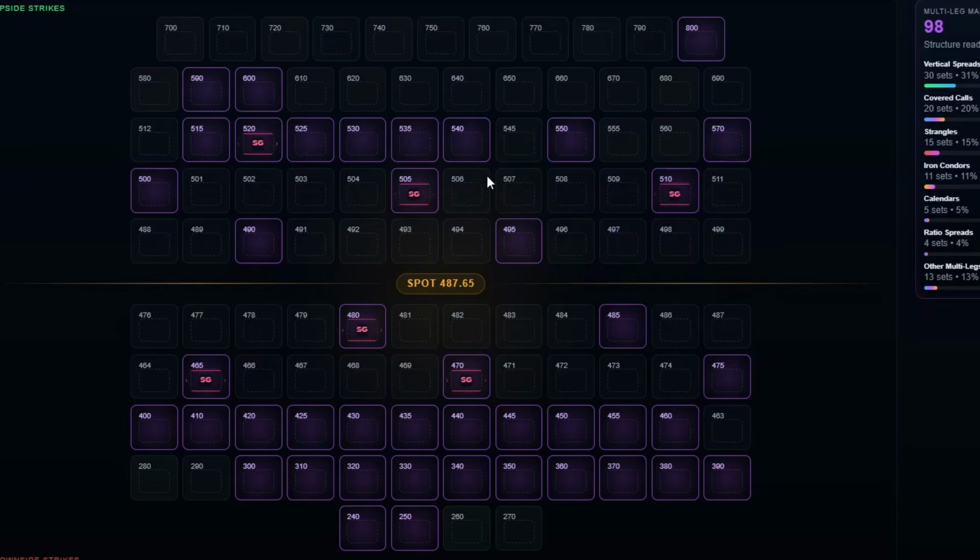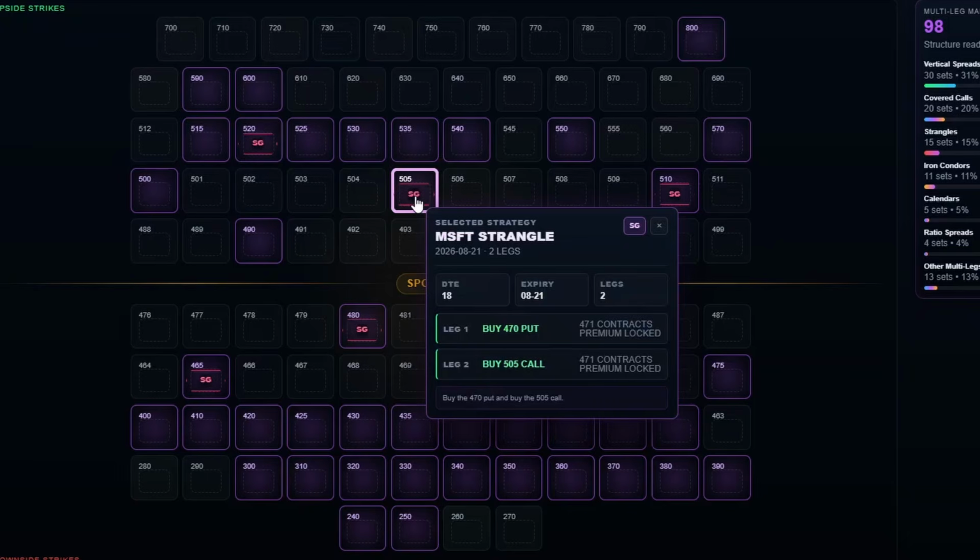Essentially, these positions are telling us that the trader, institutional or retail, is betting that there will be a big move in this particular ticker, but they're not sure which direction the stock is going to be heading. That's why they're placing this type of trade, buying both puts and calls. They start to make money when the ticker goes above 505, for example, in this case, or below 470.